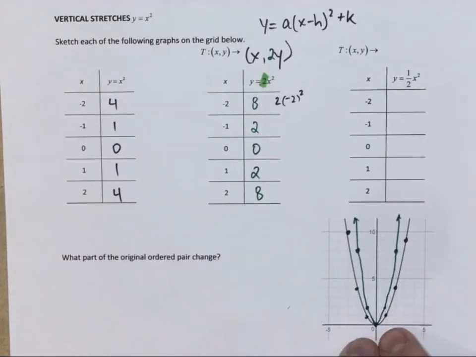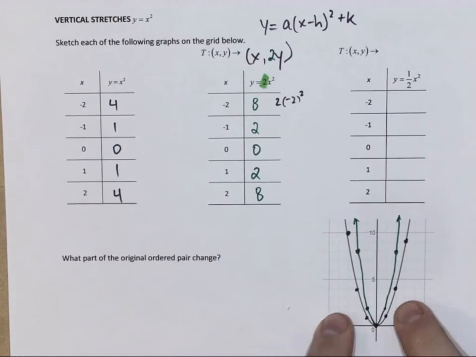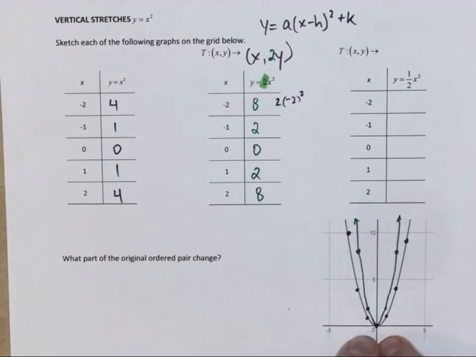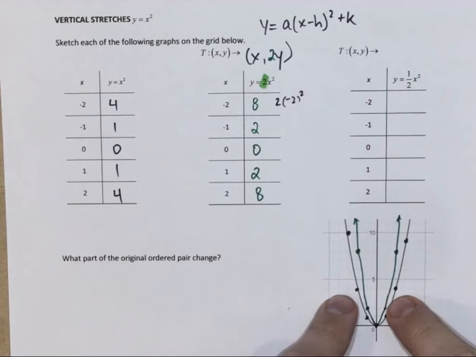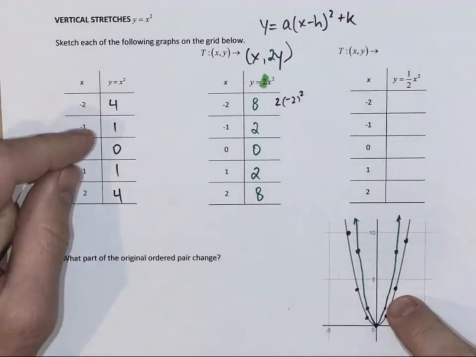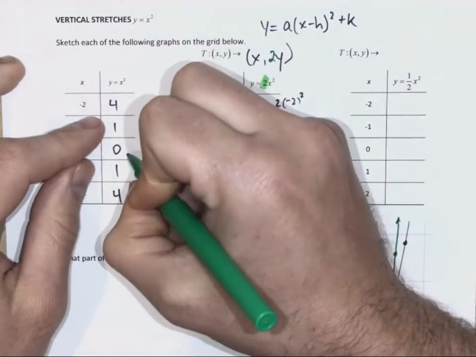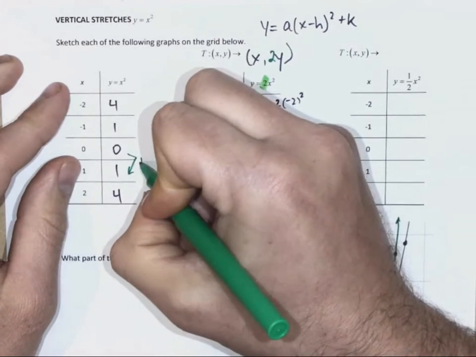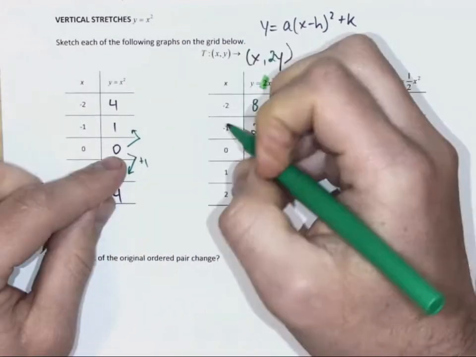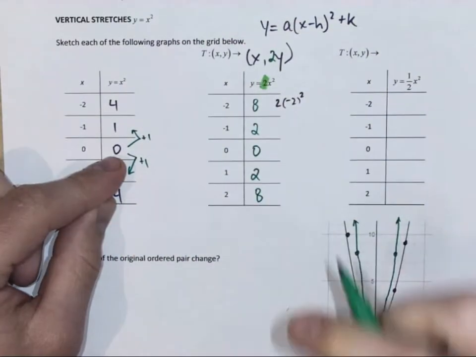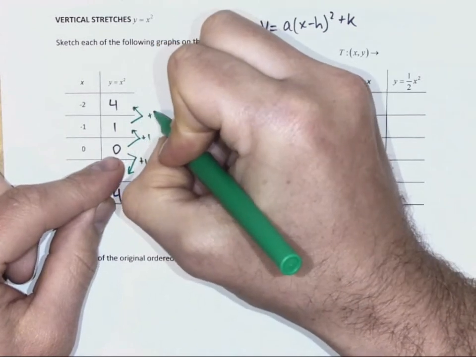If I think my first step was out 1, up 1, instead I'm going out 1, up 2. 1 times 2 is 2. So I'm looking at out 1, up 1, and I'm going in both directions from my vertex. My next step is out 1, up 3.